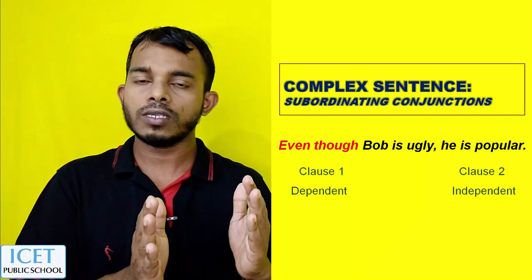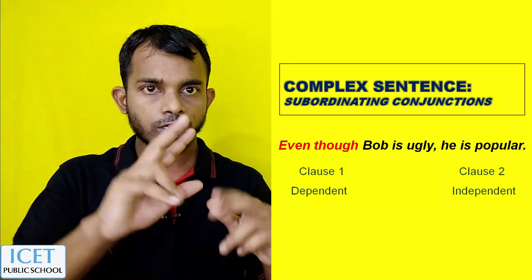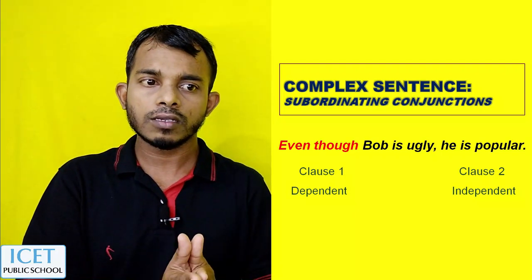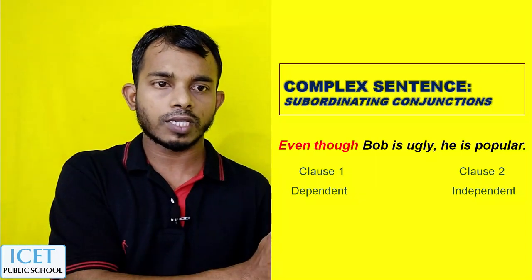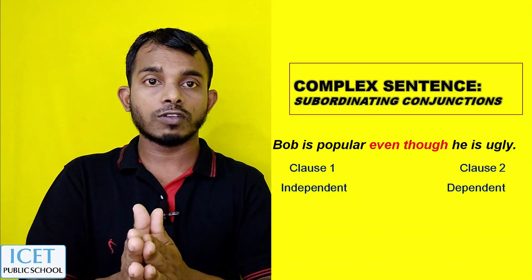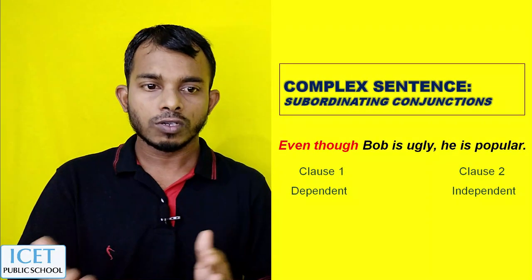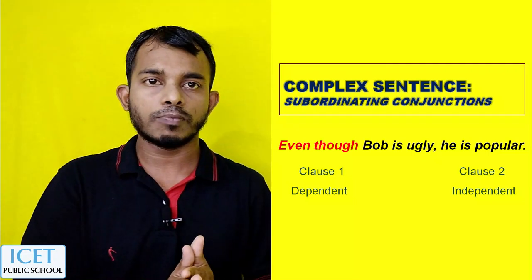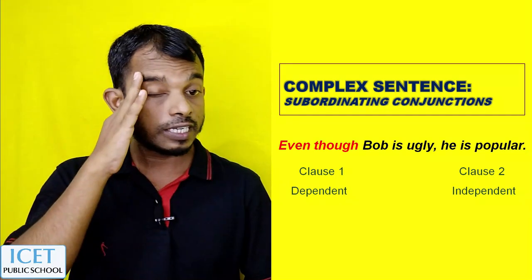Did you note the change in the sentence? Even though Bob is ugly, he is popular. So the first part became dependent, the second part became independent. So don't think it always will be like this, with the first clause independent and the second clause dependent. No. It will come like this also: first clause dependent, second clause independent. It depends upon the meaning, how the subordinating conjunction is coming.